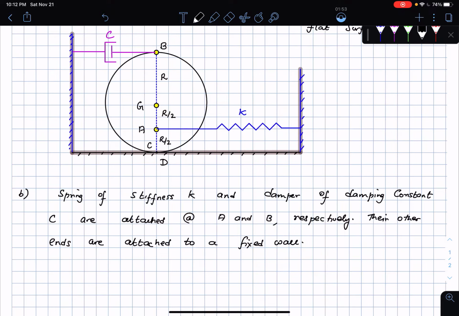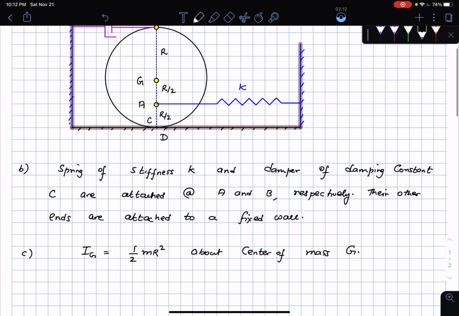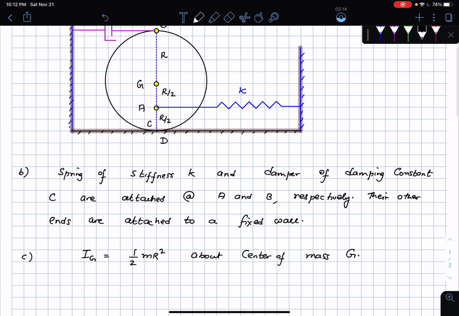And the third thing is the mass moment of inertia of this disk, which is given to us as follows. Ig of the disk is half m r square about the center of mass G, where m is the mass of the disk and capital R is the radius of the disk as well.